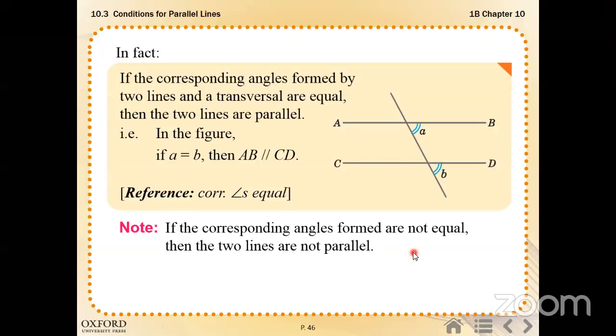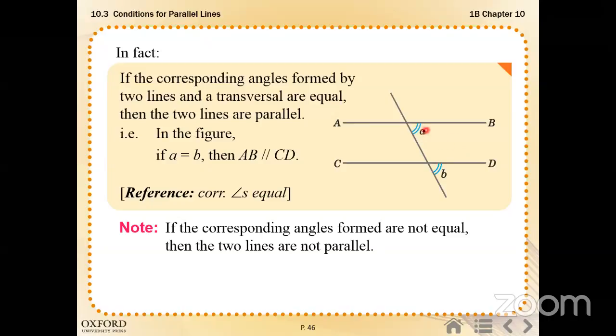Now, if you still remember, when we started this chapter, we did some activities. We used an app called GeoGebra to draw some lines. If you still remember, we drew some lines and measured some angles.